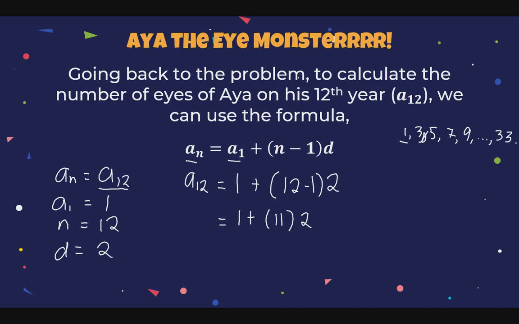Now, I have a question. We have here a series of operations. So we have here 1 plus 11 and 11 times 2. The question is, what should we operate first? 1 plus 11 or 11 times 2?